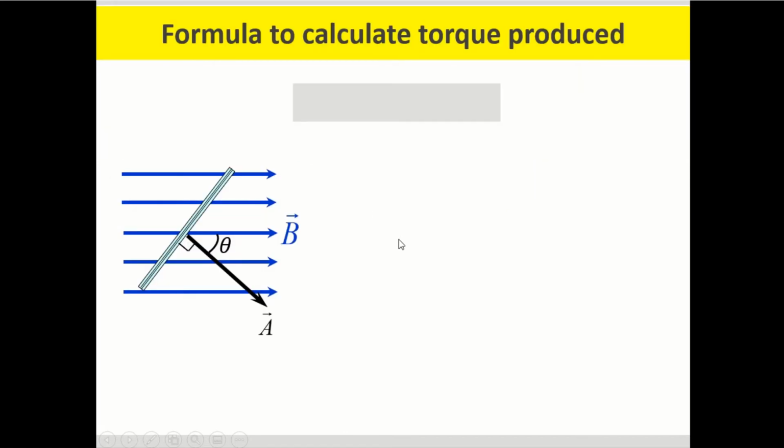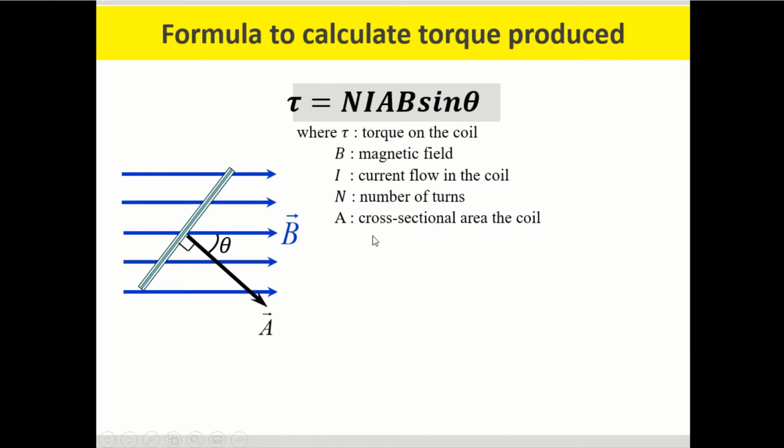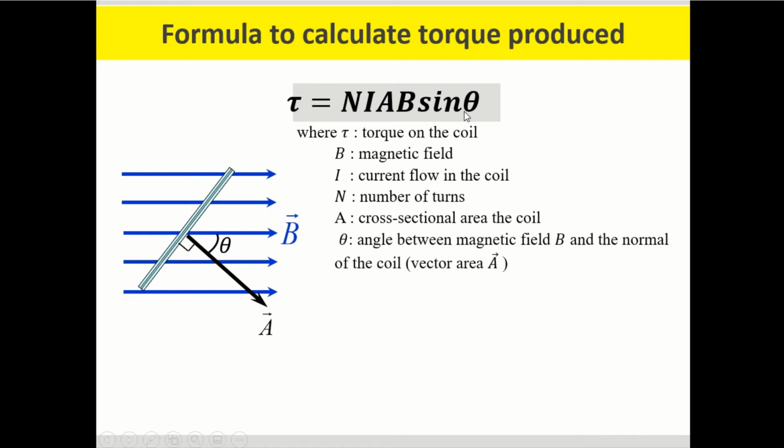We can determine the torque produced by using the formula torque equals NIAB sine theta, where tau represents torque on the coil, B is the magnetic field strength, I is the magnitude of current flowing in the coil, N is the number of turns, A is the cross-sectional area of the coil, and theta is the angle between the magnetic field B and the normal of the coil, which we call the vector area A. So if the coil is parallel to the magnetic field B, the torque is maximum because theta is 90 degrees.